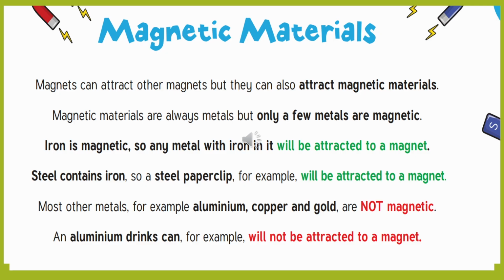For example, steel, a paper clip, they will be attracted to a magnet. However, most other metals like aluminium, copper, and gold, although they are metals, they are not magnetic. For example, an aluminium drink can will not be attracted to a magnet.